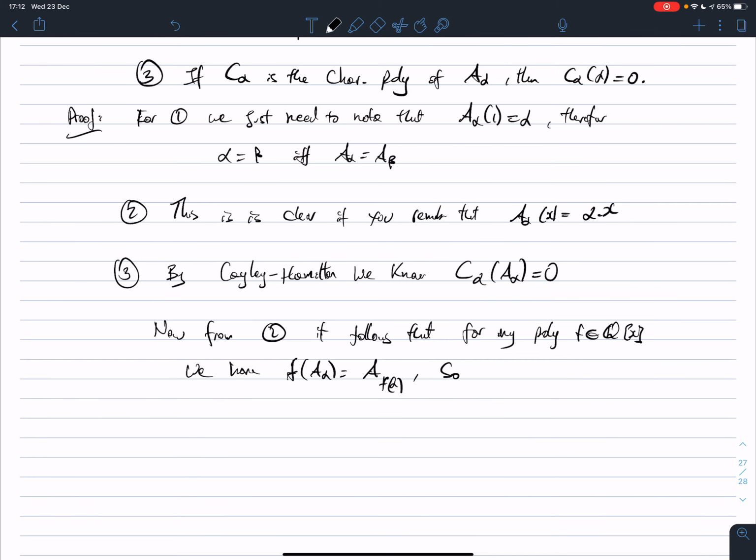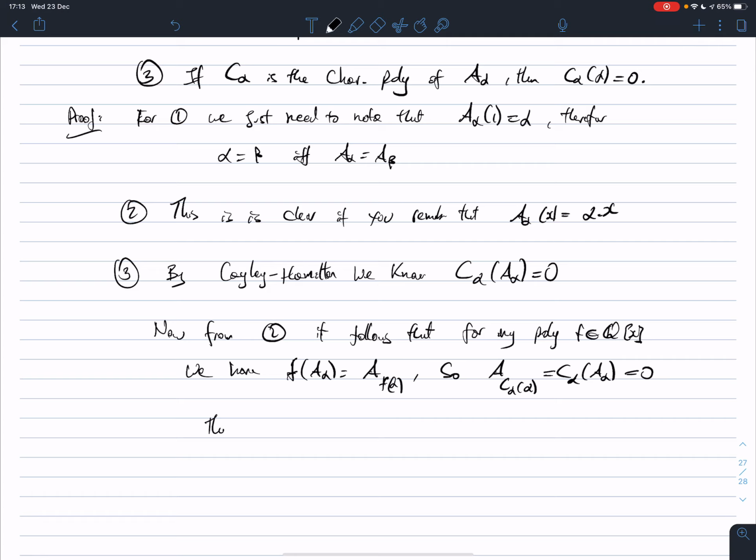So what we have is that A of C alpha of alpha is the same as C alpha of A of alpha, which is 0. This last equality is coming from Cayley-Hamilton.